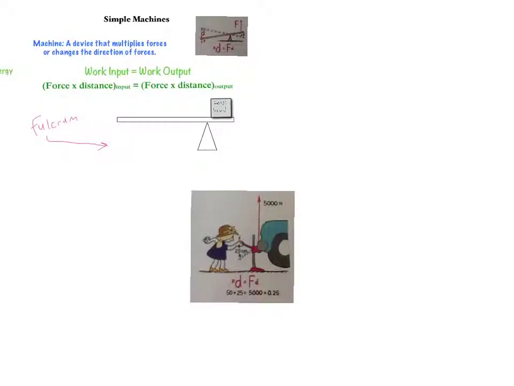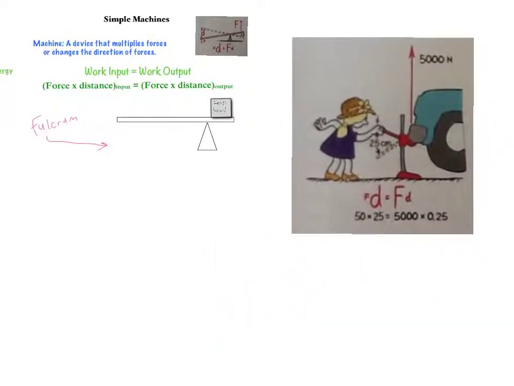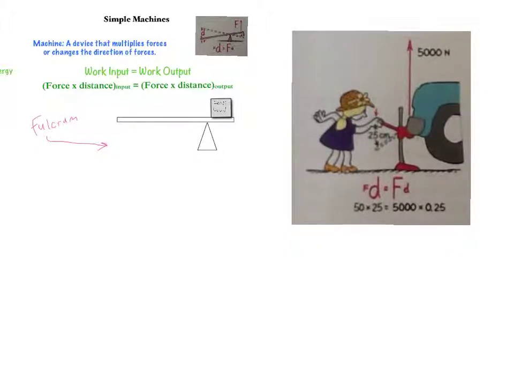In this picture here, every time this girl pushes the jack handle down 25 centimeters, the car rises 100th as far, but with 100 times the force. She can apply a relatively small force to get a greater force on the car, but she has to apply her force through a greater distance than the car rises.